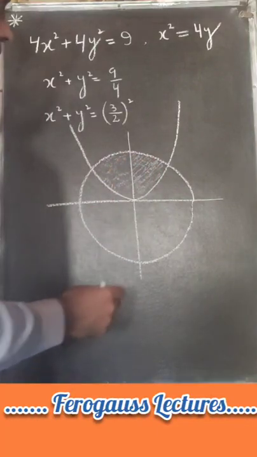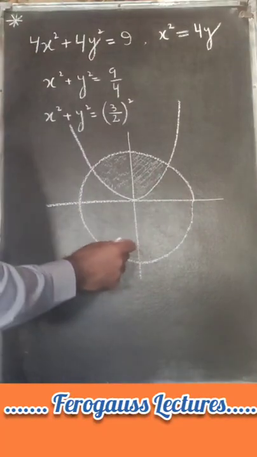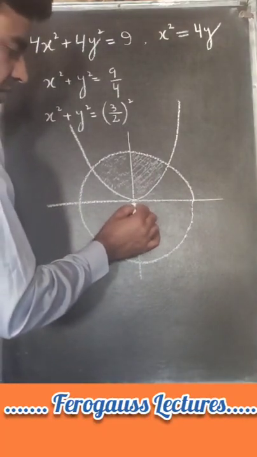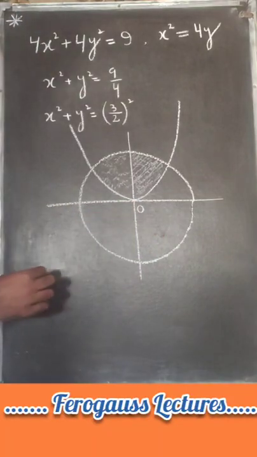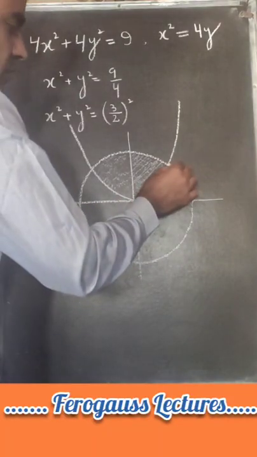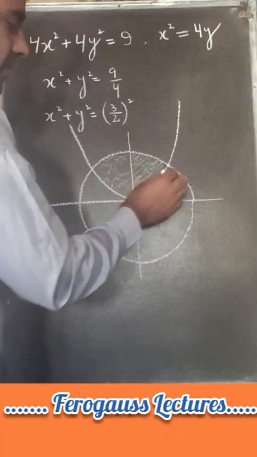Okay, now we will find this area, the area in the first quadrant. Now here is the origin, its coordinates are 0, 0. Now first we will find this point, that is point of intersection of the parabola and the circle.